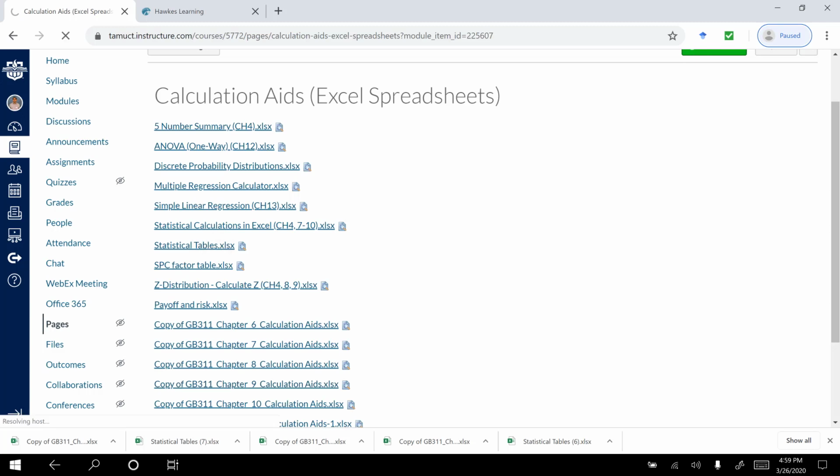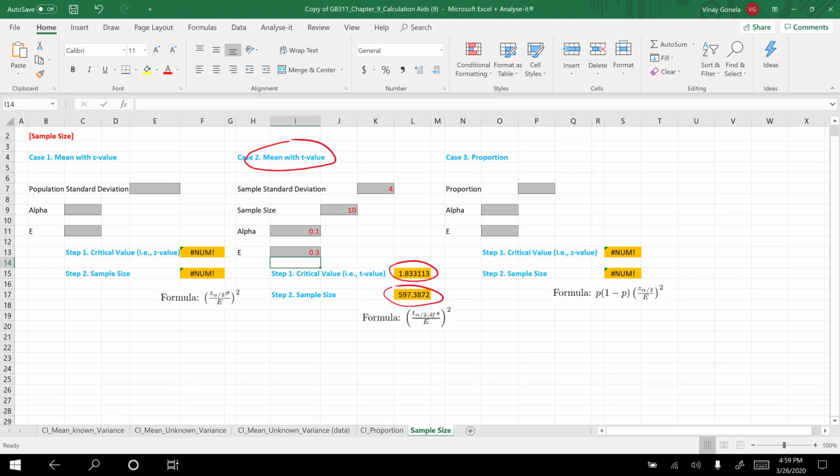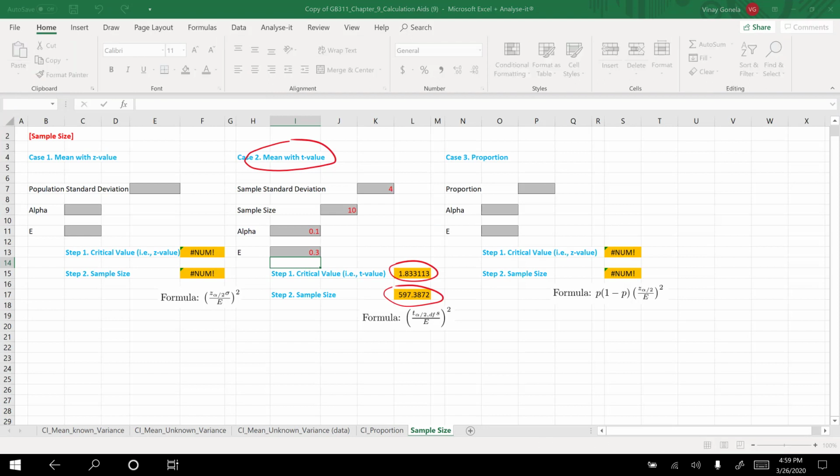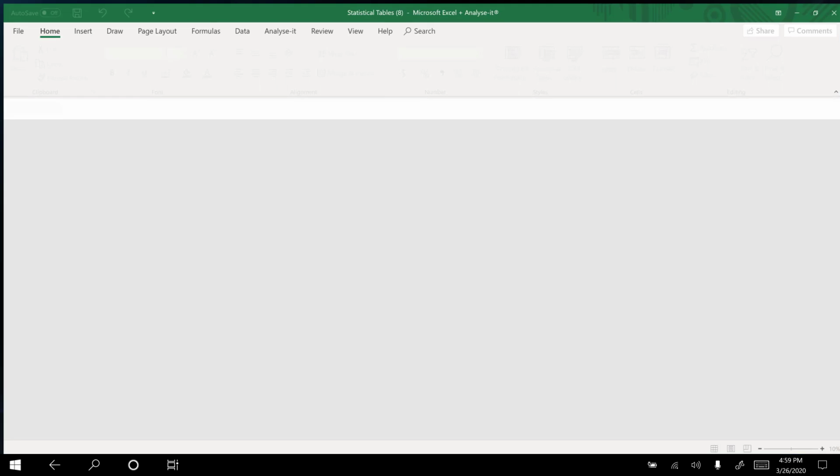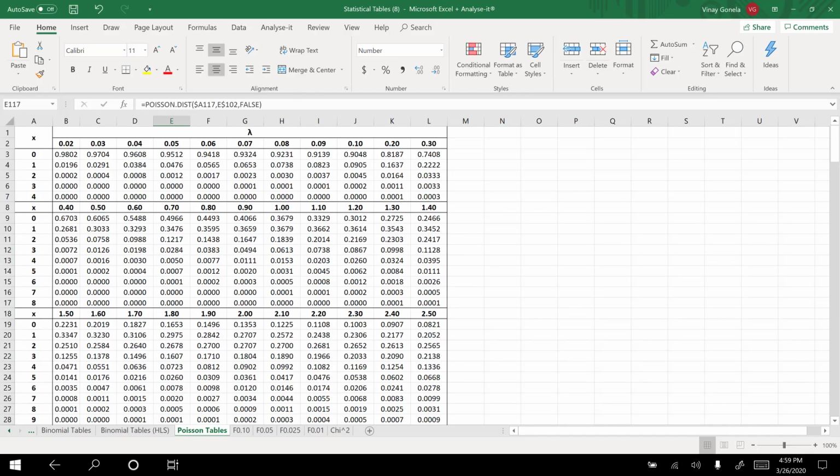So I go to statistical tables, and I'm in Poisson table, so I'll do enable editing first, and then I'm in Poisson table.